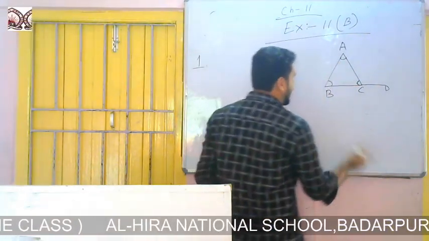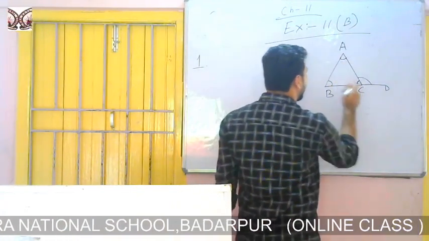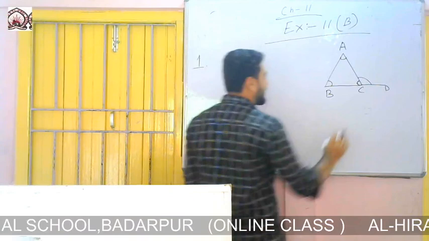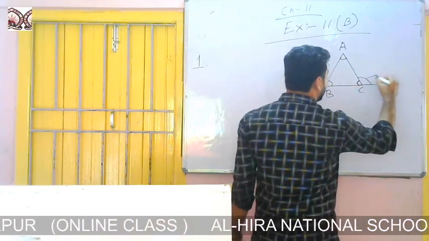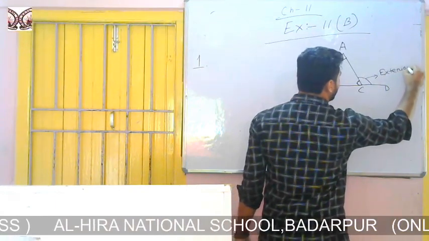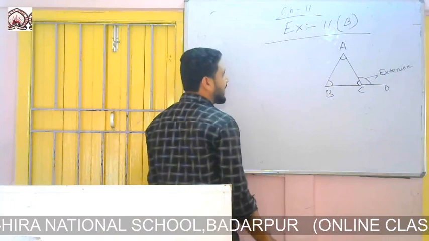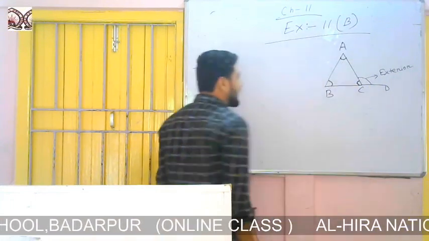And this angle is outside the triangle ABC, so you can say that this is the exterior angle, and these are the interior angles.